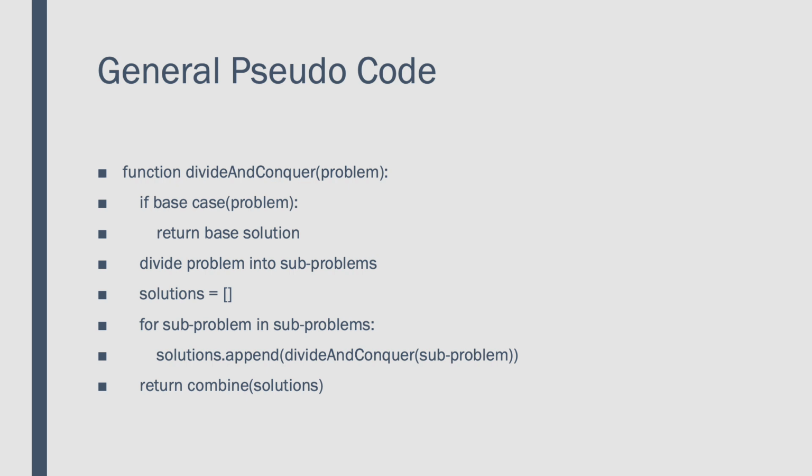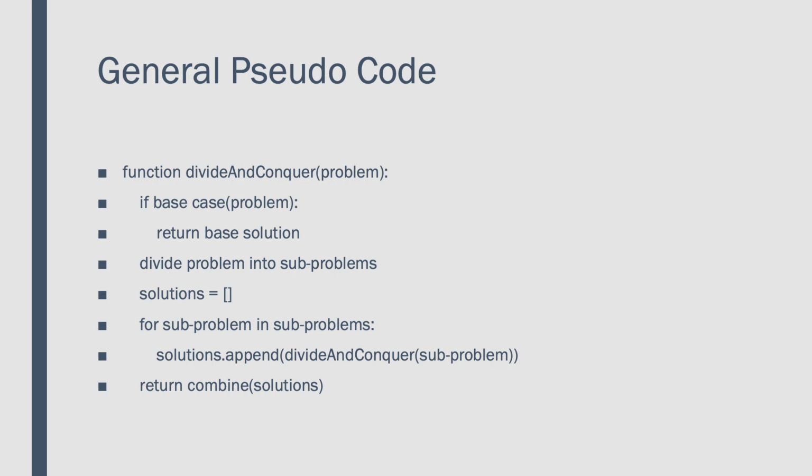So we are starting from the function divide and conquer problem. Inside the function, we have if base case equal to problem, it will just directly return the solution. For example, in merge sort, when an array has only one element, it is already sorted. Then divide the problem. So break the main problem into smaller subproblems of the same type.